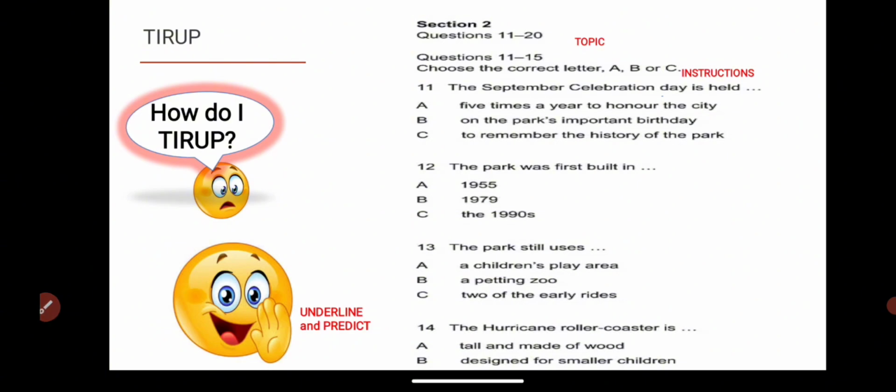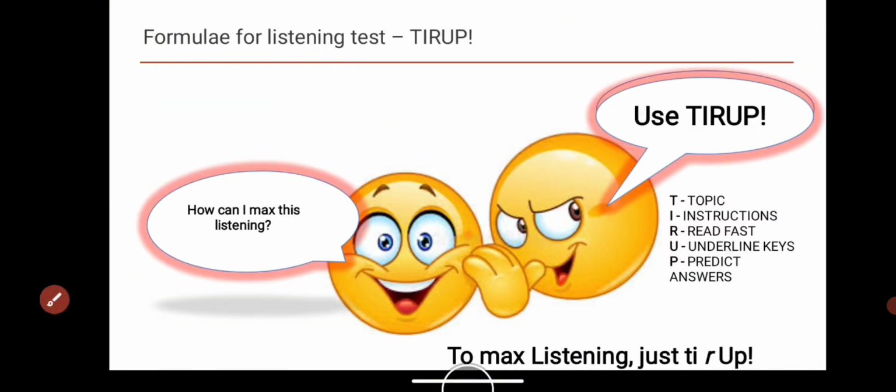Then convert each of the options to just one word also. Let me show you how this will be done. Look at this now. The topic will be located here. Sometimes the topic will just be question 11 to 20, but as part of the introduction to this part two, you will hear what is going to be discussed.